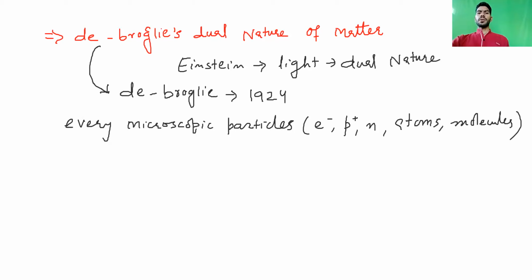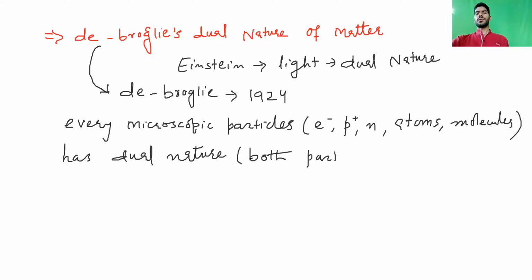Like light has dual nature, every microscopic particle, electron, proton, neutron, atoms, molecules, also has dual nature. That means both particle as well as wave nature. Got it?